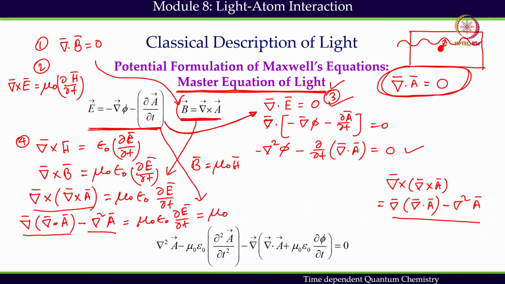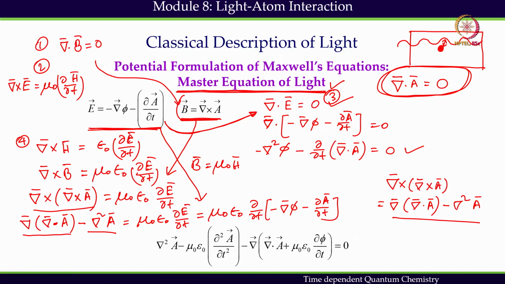I will be able to get epsilon naught, then a time derivative with respect to the scalar potential and vector potential. This is the entire equation that I get.